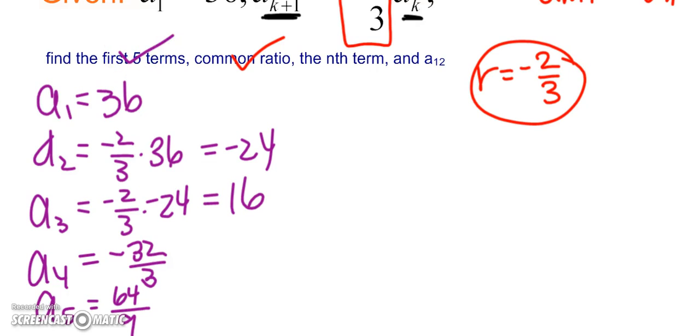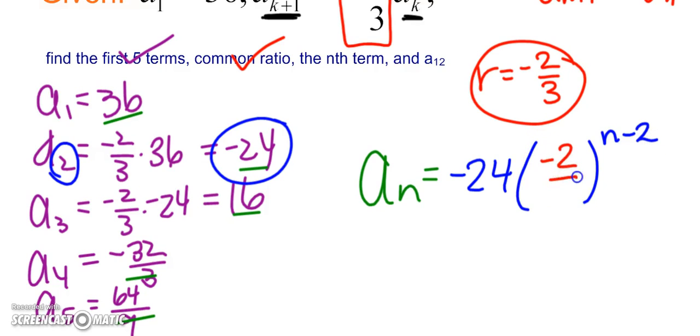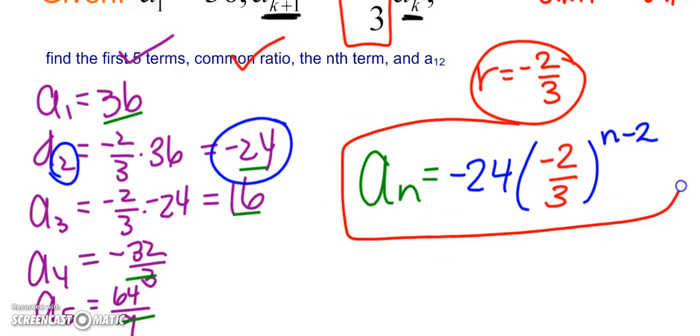The nth term then, a sub n equals, you could pick any of these to be your a sub x. I'm going to choose negative 24. And that was when x was equal to 2. And I have my common ratio of negative 2/3. Okay, you could have picked any of these, put a 36 here and a 1 there, put a 16 here and a 3 there, doesn't matter.